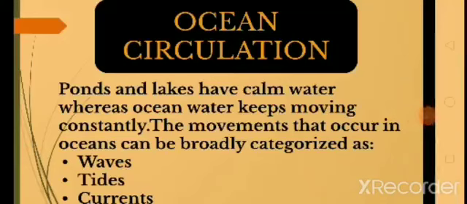Children, now let us revise ocean circulation. Ponds and lakes have calm water, isn't it? Whereas ocean water keeps moving, and it keeps moving constantly. Right?